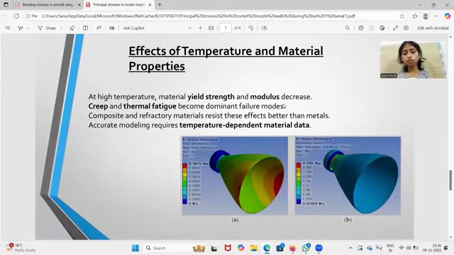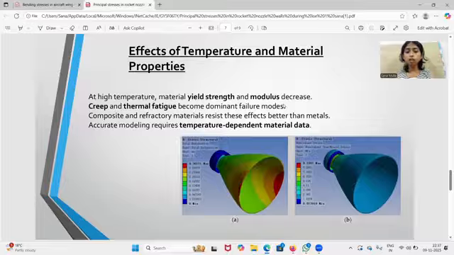Next up, we have the effect of temperature and material properties. As we've seen, the nozzle undergoes a lot of high temperature and pressure. At high temperature, material strength and modulus decrease. So creep and thermal fatigue become dominant failure modes.